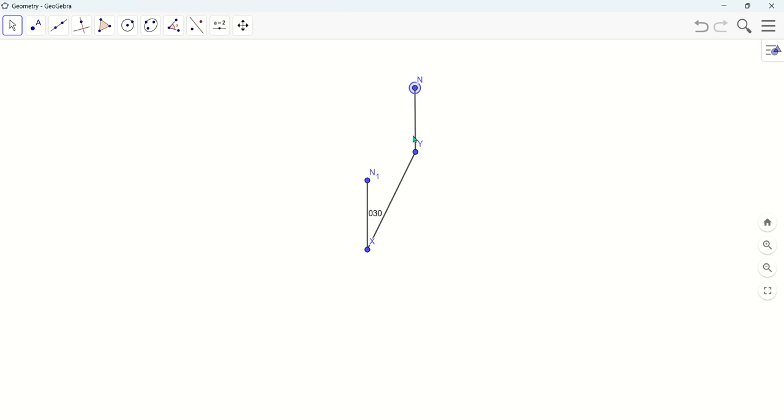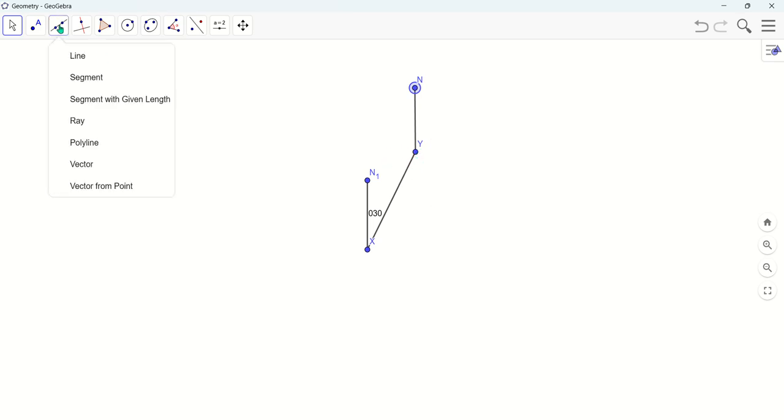So from the north, this is 90 degrees around point Y now. We don't need the 180 and 270. Let's only look from here, 90 degrees to 180 degrees, because we are checking where this 150 is around this point.